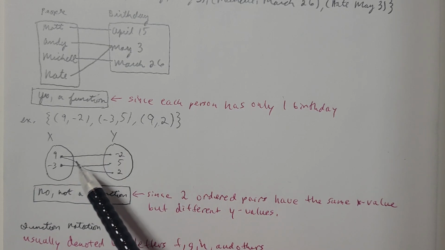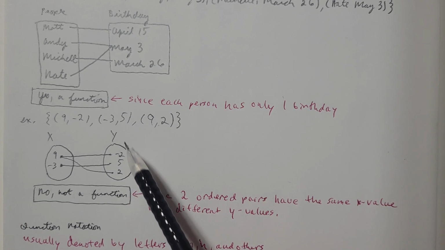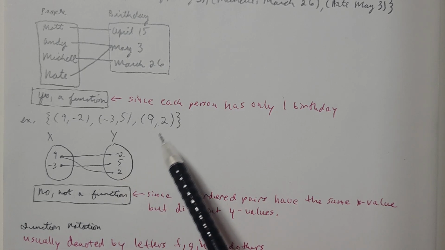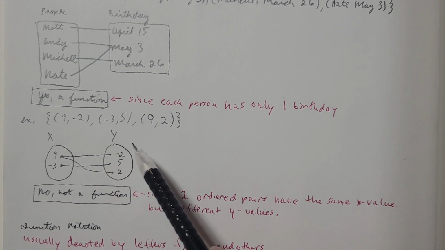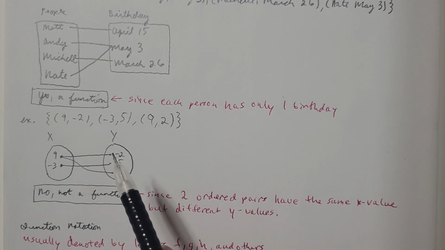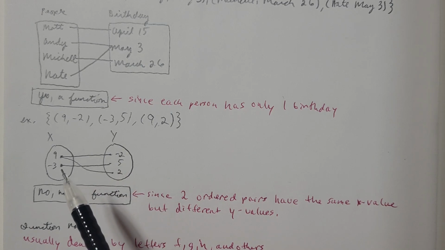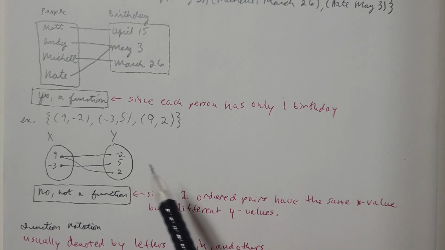I don't have to write that again. Then -2 is a y value, 5 is a y value, 2 is a y value. Okay, and then I'm drawing my connection arrows, or my correspondence arrows. So 9 is going to -2, -3 is going to 5, and then 9 is also going to +2.